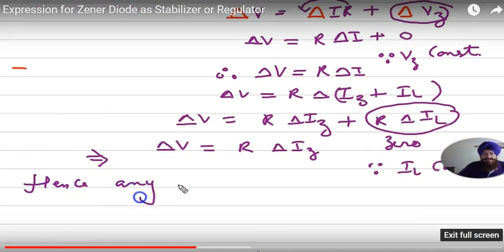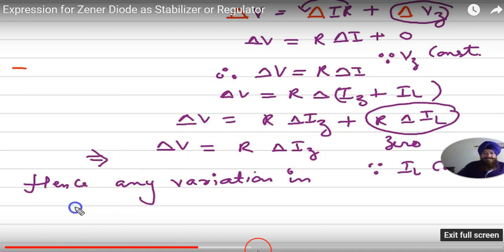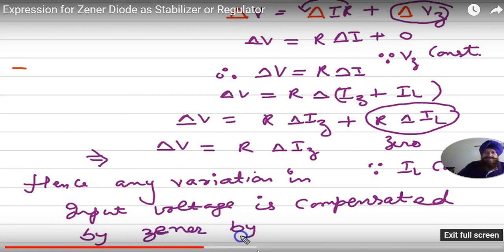Hence, what this equation implies is that any variation in V will be compensated by the Zener current. Input voltage variation is compensated by the Zener diode.